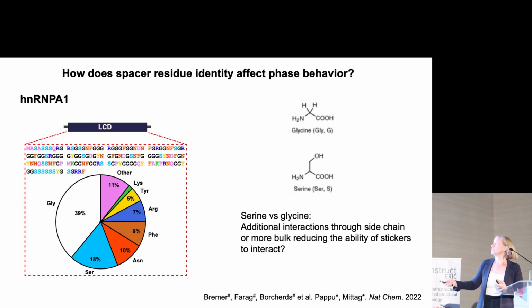Or, on the other hand, because it's bulkier than the glycine, it might inhibit a little bit the interactions of the aromatic residues in the chain, and it might really like to interact more with the water, and therefore it could suppress the density transition. It could still make a network, but it could suppress the density transition to make the separate phase in a certain way.